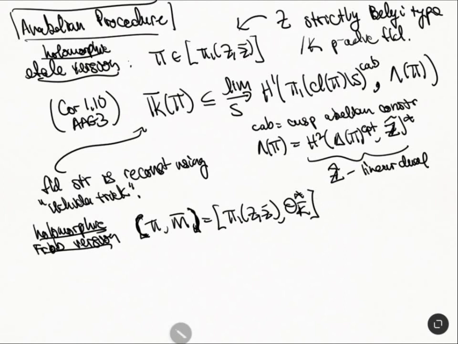So this construction is a modified version of the construction here, and what we'll do is construct this version of the field pi m bar inside here.